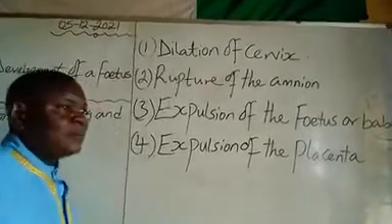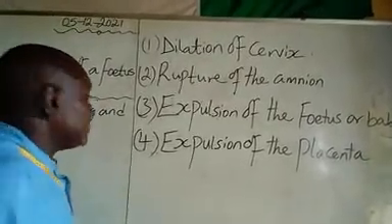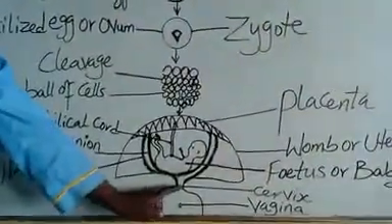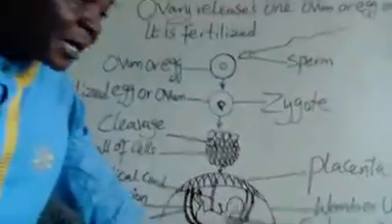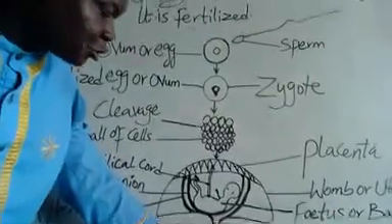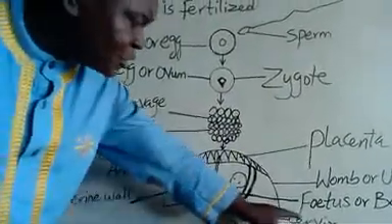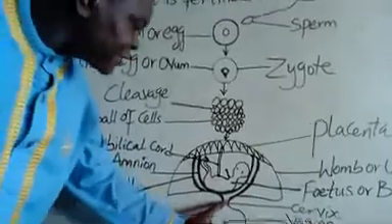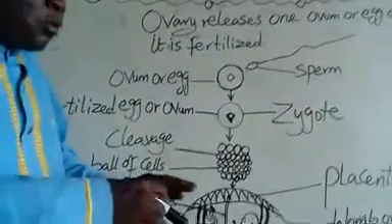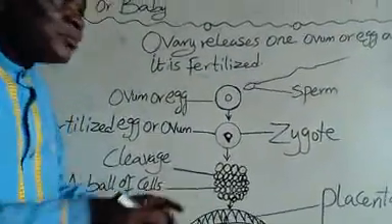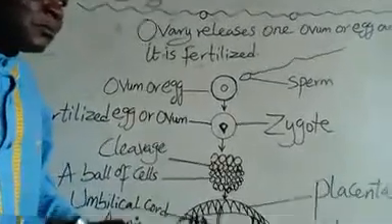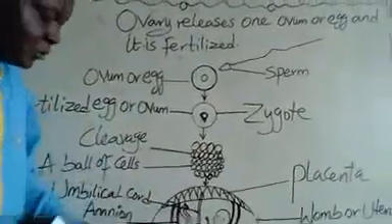When a woman is pregnant, look at the cervix. It's a narrow tube that controls the opening and the closing of the vagina. This cervix will become larger. It will be more open.